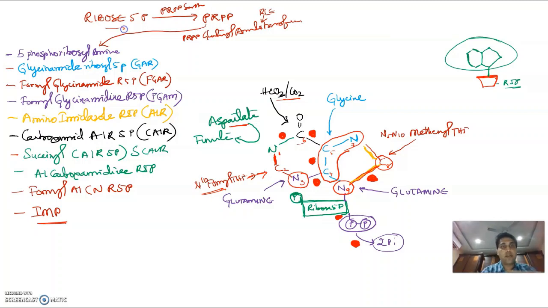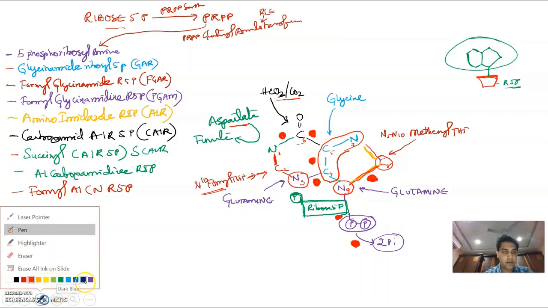First ribose 5-phosphate, then PRPP, then ribosylamine. Now this IMP will be metabolized further, but before that, let us look into some of the inhibitors that are there.